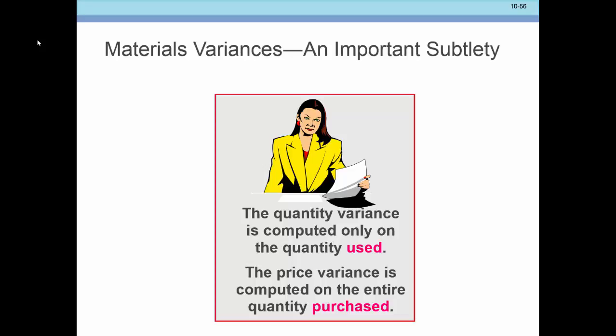When we're talking about our quantity variance, it's the actual quantity used versus the standard, what it should be. Okay? So price variance is the amount purchased. Quantity variance is the amount used. Alright?